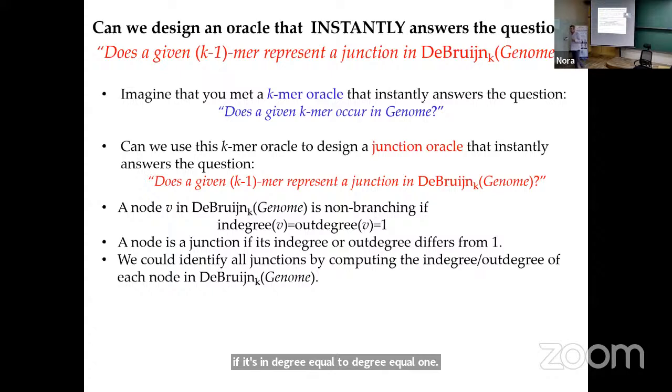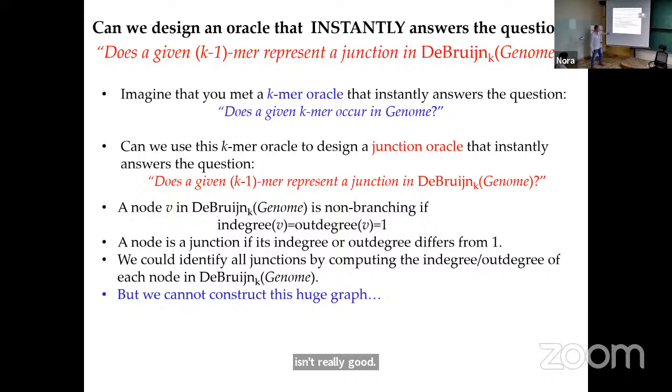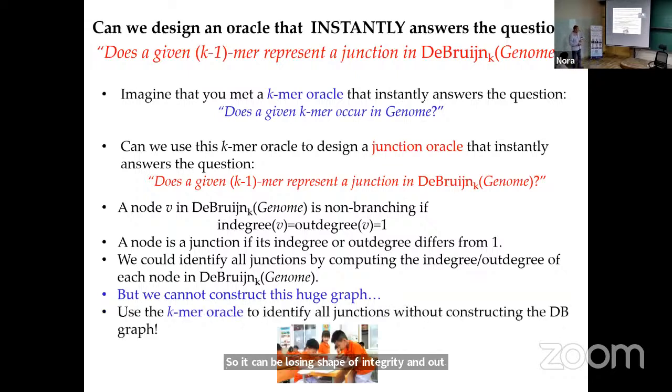Therefore, we can check whether a node is a non-branching junction by simply checking the degree in the de Bruijn graph. The only problem is we cannot construct this graph. So can we do this check of in-degree and out-degree without constructing the graph?